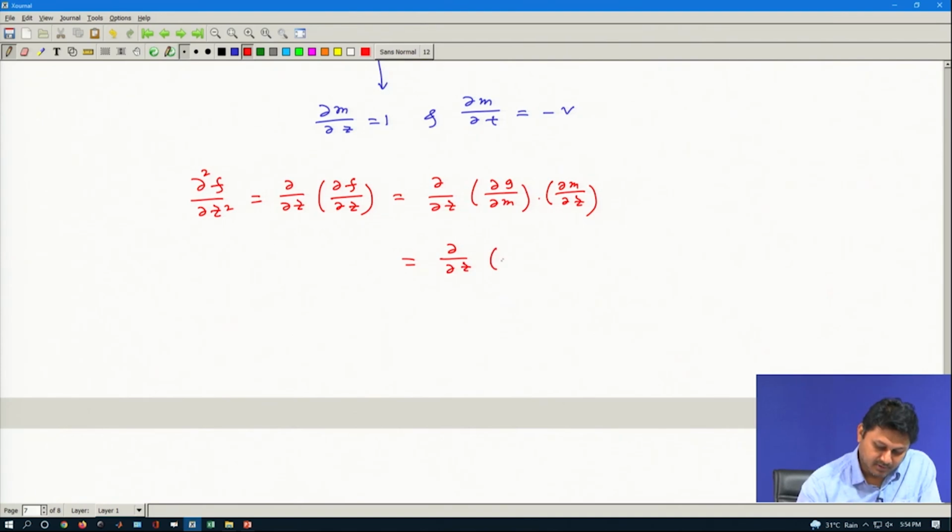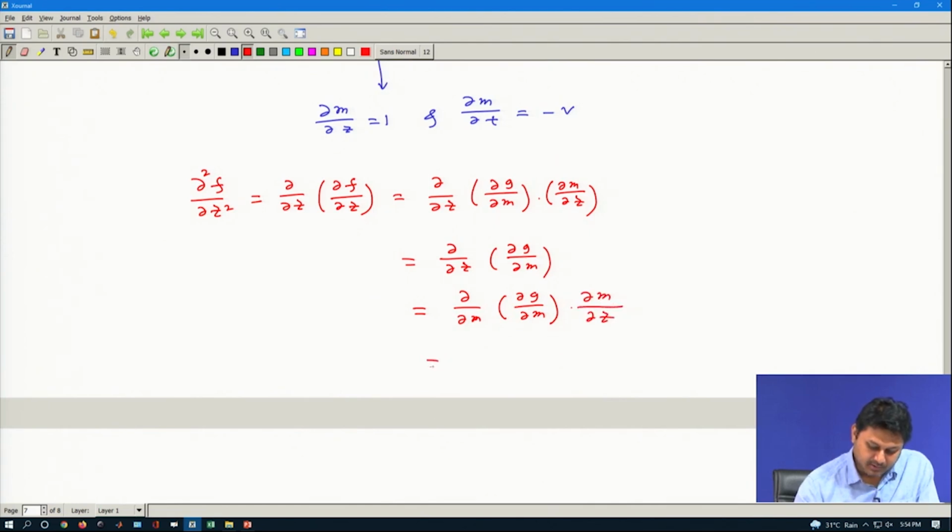So, I should have dg/dm. This again I can use d/dm of dg/dm and then dm/dz. So, this quantity eventually is d2g/dm square. Okay. So, I have d2f/dz square equivalent to this quantity.